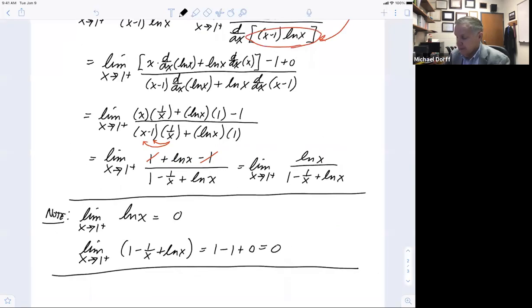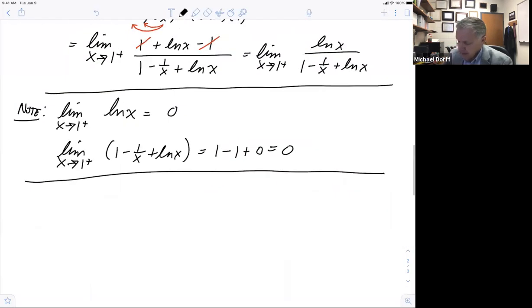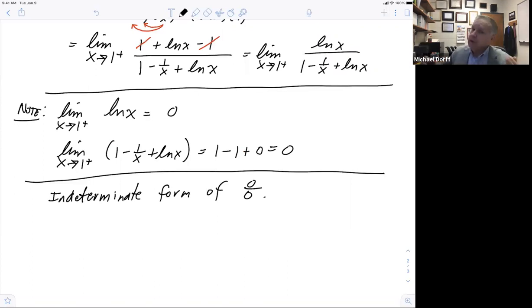So again, this is an indeterminate form of 0 over 0. And you might think, well, maybe I did something wrong. No, not necessarily. Once you do L'Hopital's rule one time, you can still get an indeterminate form, and you have to do L'Hopital's rule again. Not necessarily wrong.